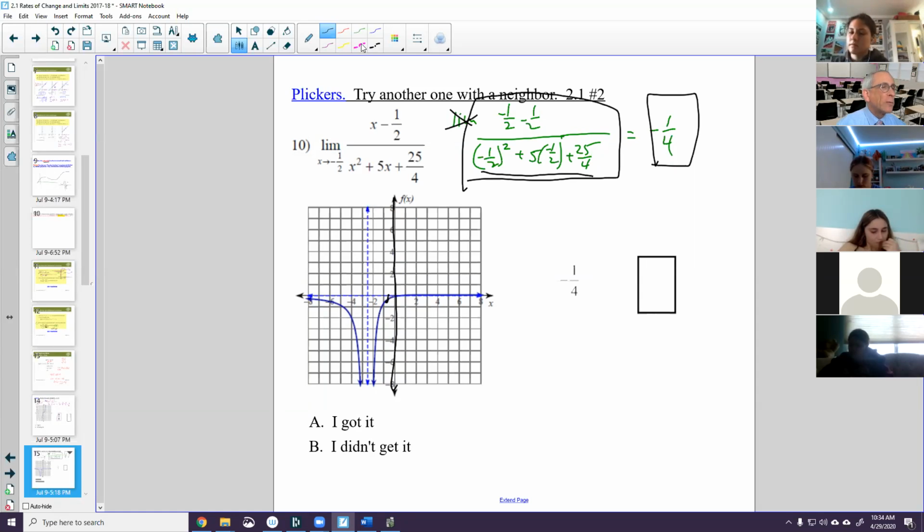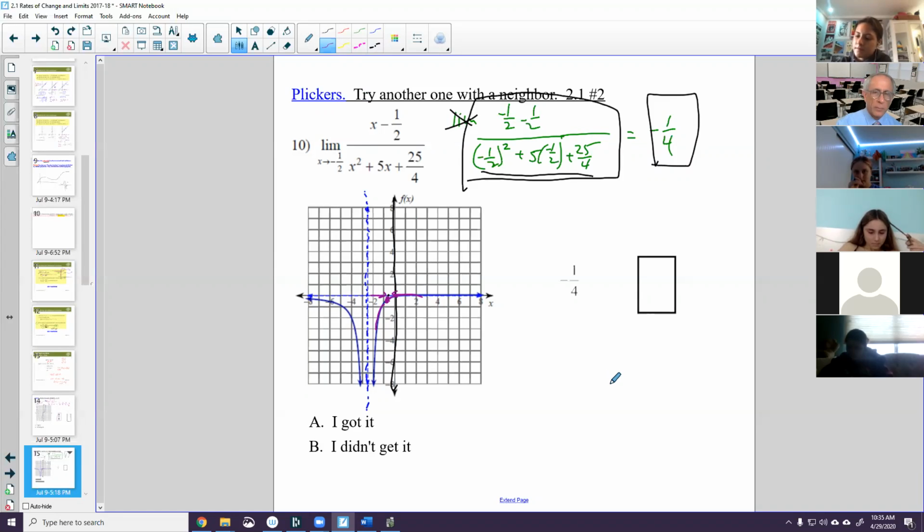It's true I have this vertical asymptote right here, but it looks like it might be -2.5 or something like that. I don't really need to worry about the vertical asymptote, because as I approach -1/2 from the left and from the right, I can see that my function is actually going to have some kind of a value right there. So I'm okay using substitution. Pretty good?